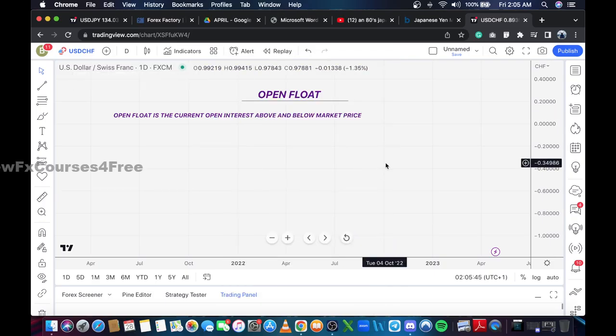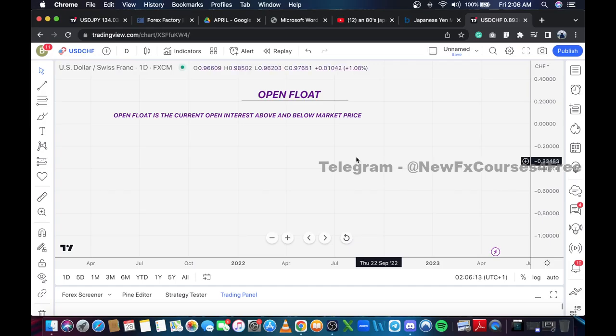Open interest comes in form of pending buy orders resting above old highs in form of buy side liquidity, and vice versa for old lows in form of sell side liquidity. When we talk about current open interest, and the keyword in the definition of open float is current, meaning existing open interest.